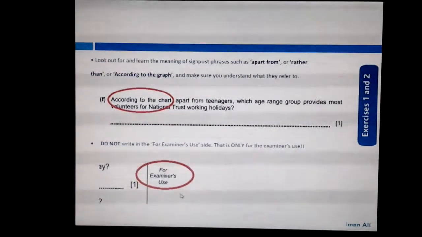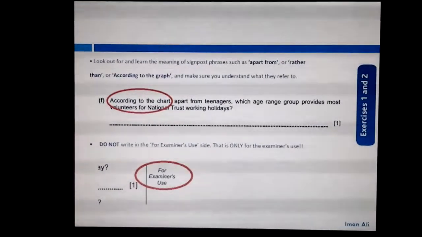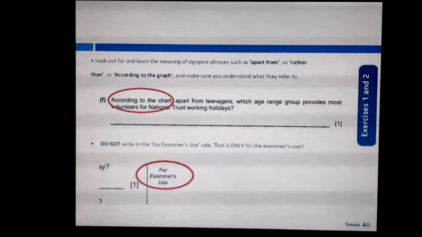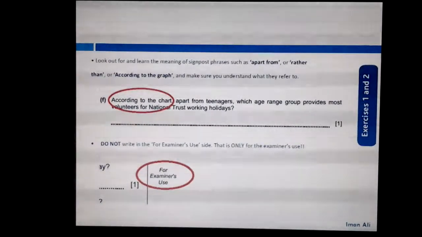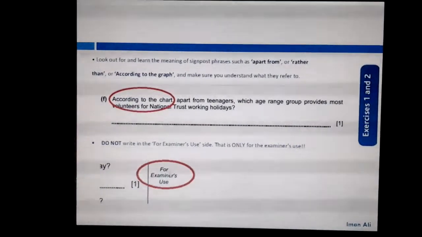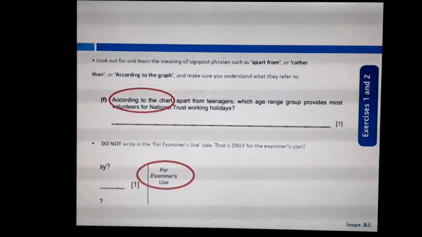That's not for the candidate to write anything or do anything over there. This rule applies to all of the IGCSE papers. Make sure you do not write in this For Examiner's Use side.